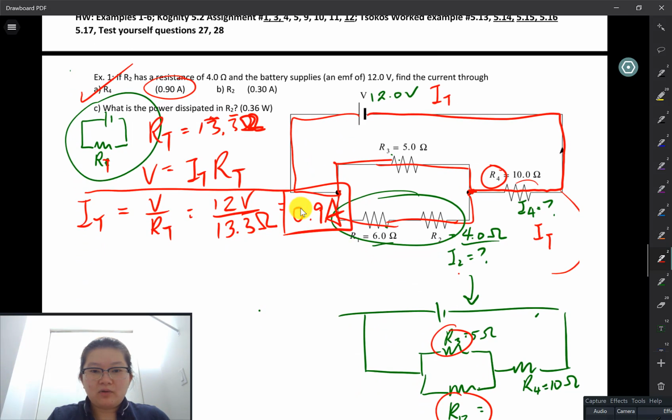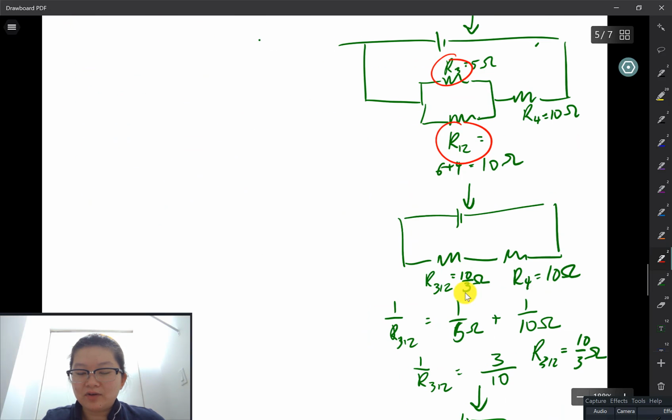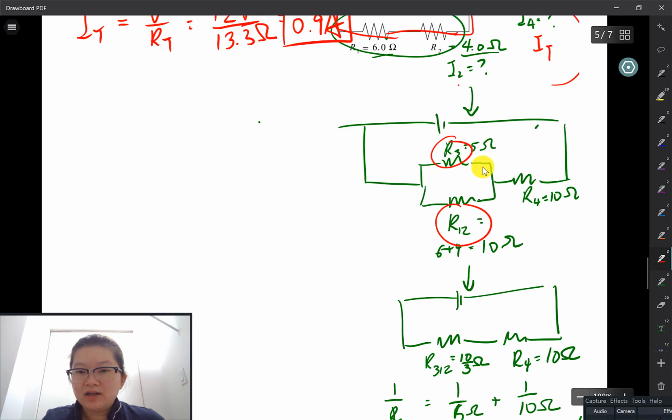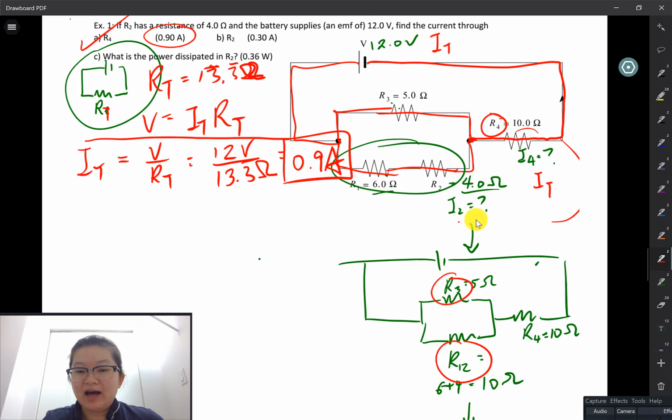Next up, we need to find the current through R2. To find the current through R2, we need to know how this current splits up over here. Even though we know the total equivalent resistance, with this being 5 and this being 10, that doesn't quite tell us how the current is going to get split up.